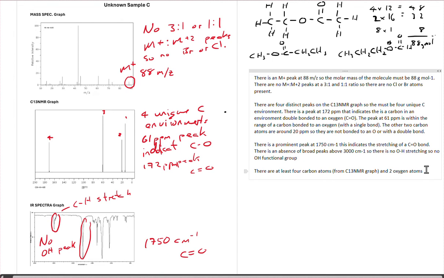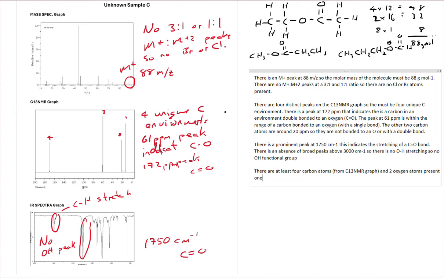Both are in the carbon 13 atoms present, one single bonded to a carbon and one double bonded.